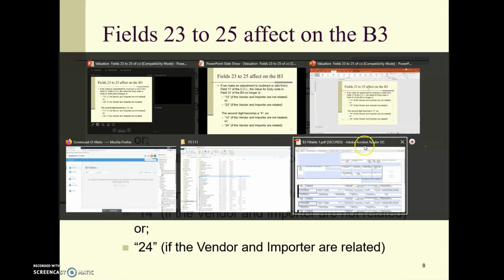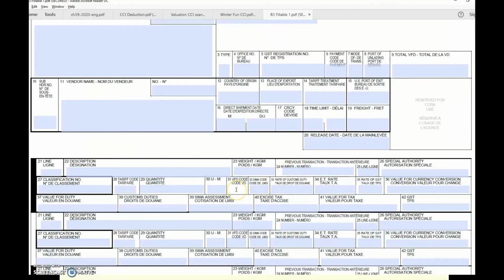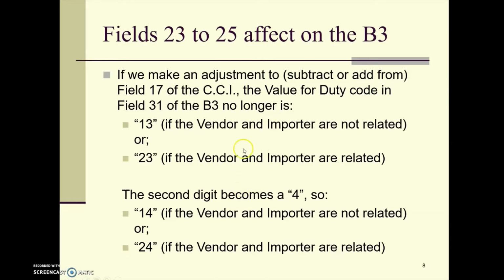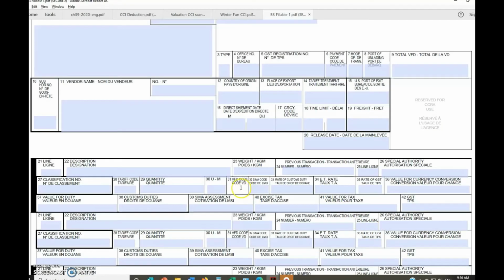So if we go to the B3, field 31 is right here, value for duty code. If we make an adjustment to field 17 of the Canada Customs invoice, which is going to change the value for currency conversion, then the number can no longer be 13 or 23. The second digit becomes a 4. So the number would be 14 if they're not related, or 24 if they are related.